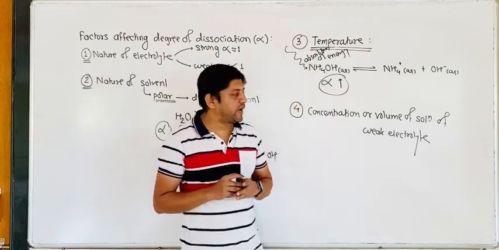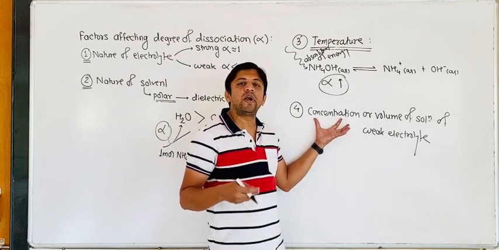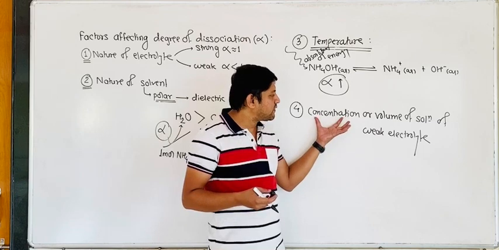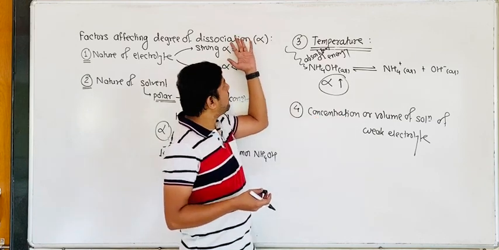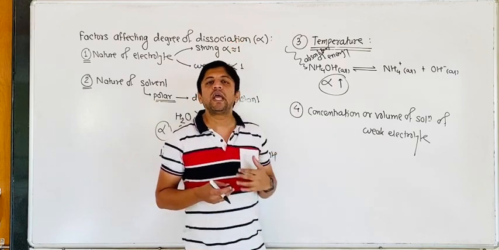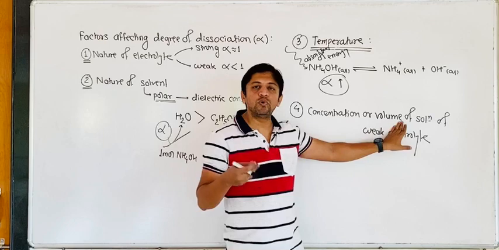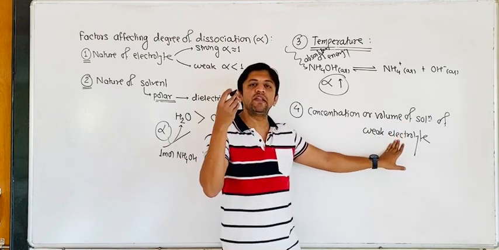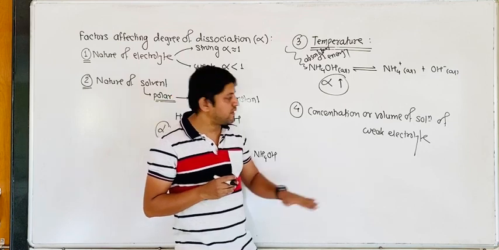Experimentally, it has been observed that as concentration of weak electrolyte goes on decreasing, its degree of dissociation alpha goes on increasing, or it can be said that as volume of solution of weak electrolyte increases, its degree of dissociation also increases.